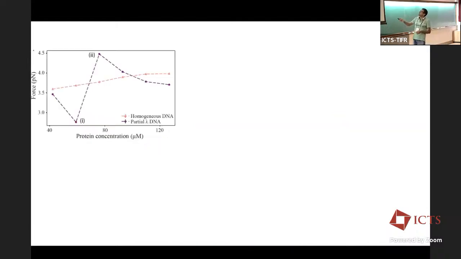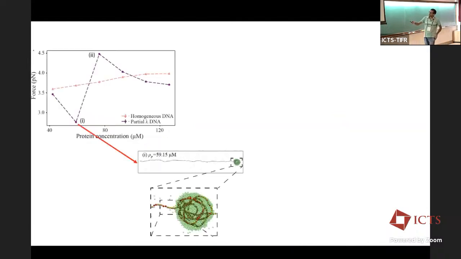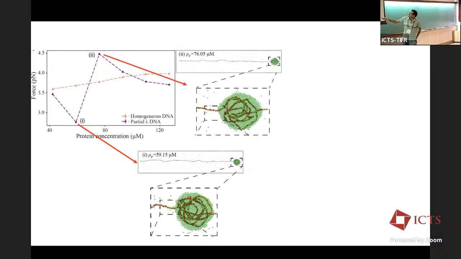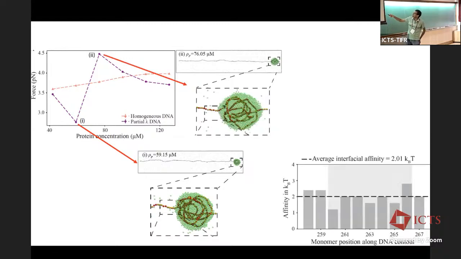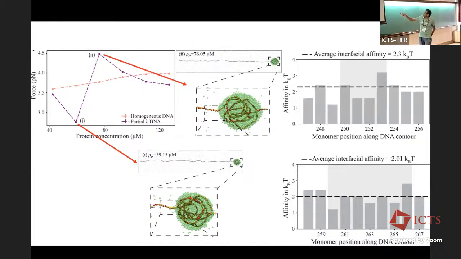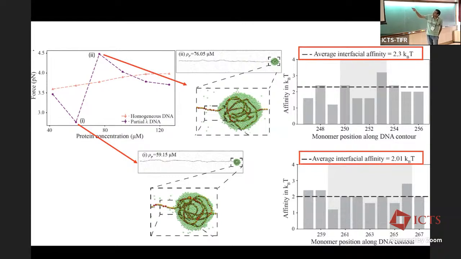Now, for instance, in this case, this is for lambda DNA, in which case you will see something like this. And then this is the other picture. If you look at the affinity of the interfacial DNA, of course, it's fluctuating, because you have a whole range of different monomers that are coming and going. So we look at the overall average energy of these, and you see that there is a tiny difference of about 0.3 kT.